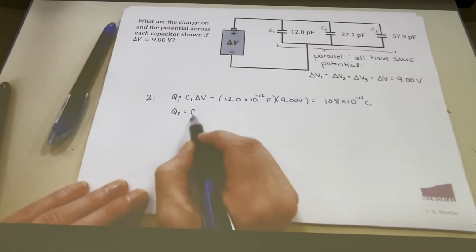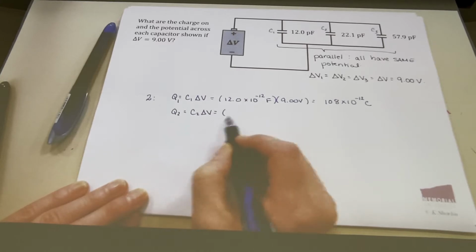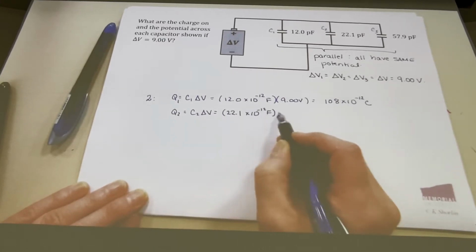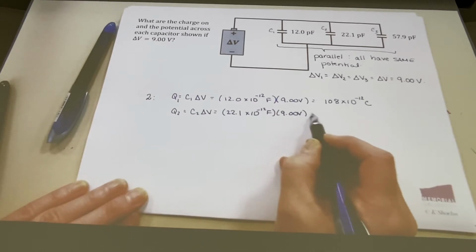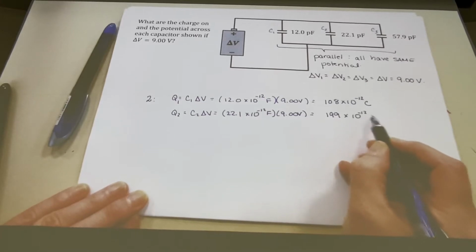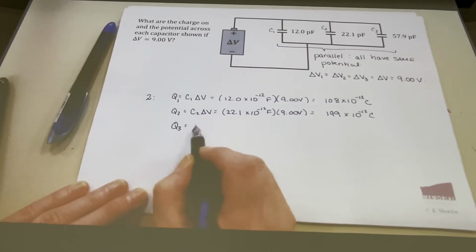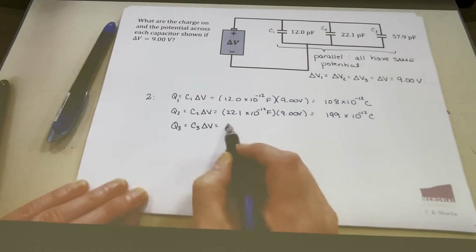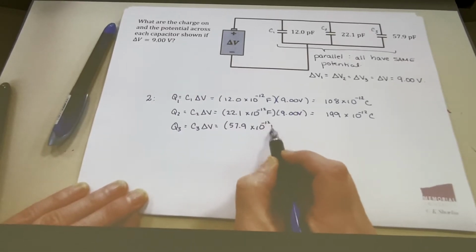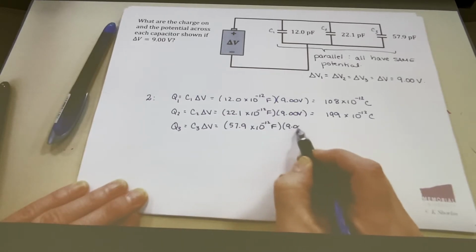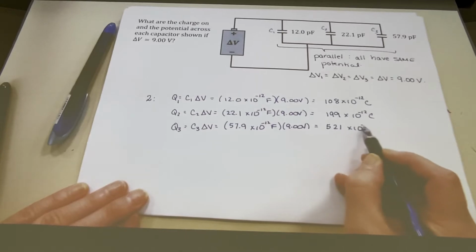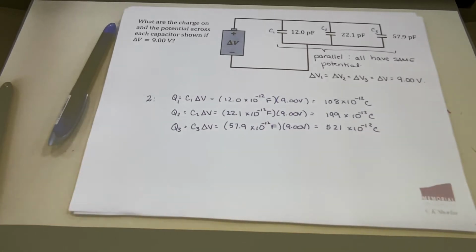Likewise for charge 2, C2 times delta V, 22.1 times 10 to the minus 12 farads times 9 volts, gives us 199 times 10 to the minus 12 coulombs. And then we can do Q3 as well, C3 times delta V, 57.9 times 10 to the minus 12 farads times 9 volts equals 521 times 10 to the minus 12 coulombs.